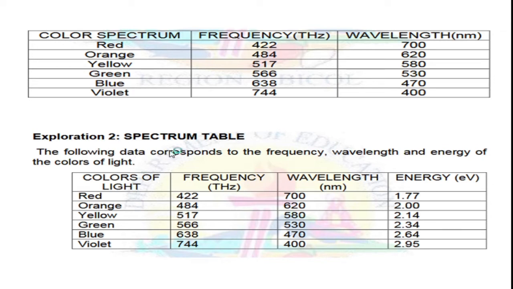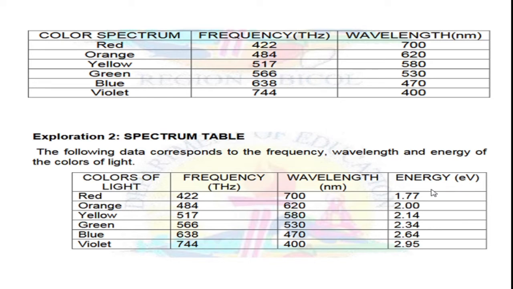So the exploration spectrum table: the following data corresponds to the frequency, wavelength, and energy of the colors of light. Colors of light from red to violet, and we have also the frequency and the wavelength. May nadagdag po dito, we have the energy. The unit is EV, which means electron volt.